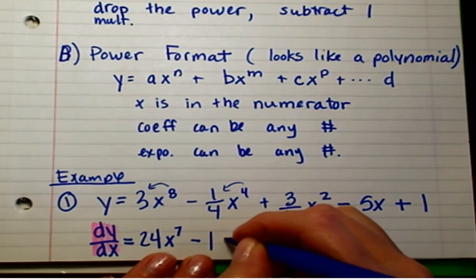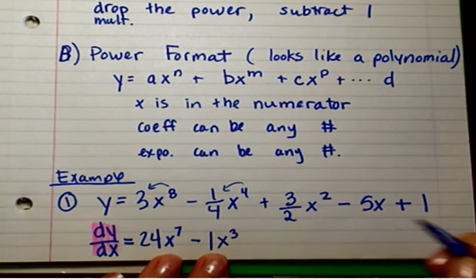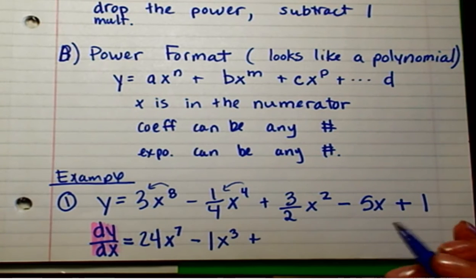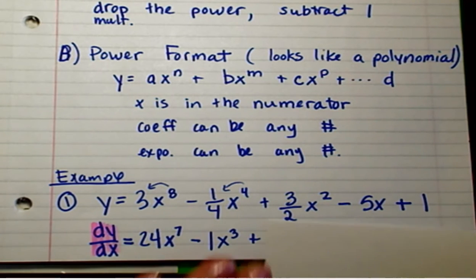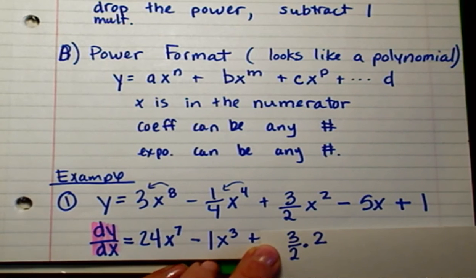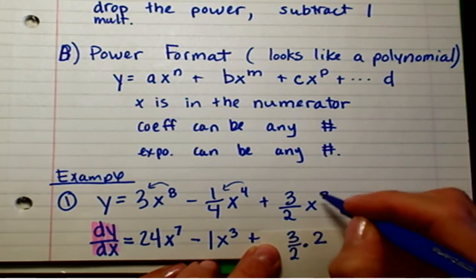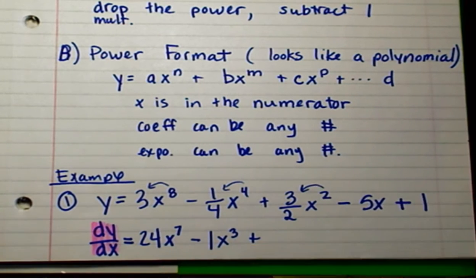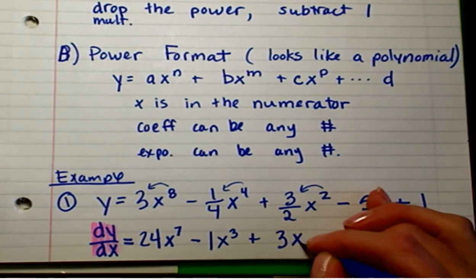Okay, so 1x cubed. Okay. 3 over 2 times 2, right? Multiply the power. So that's 3x to the 1.